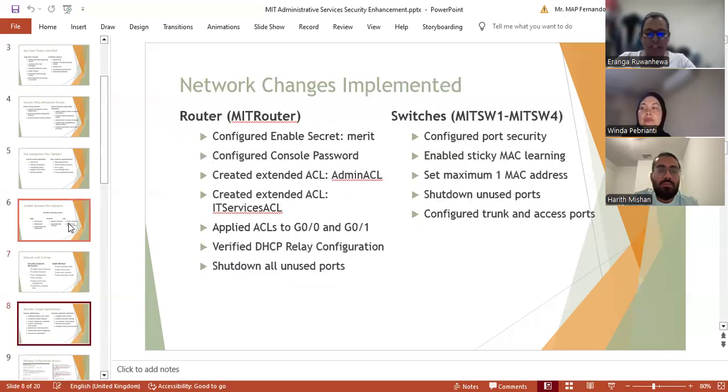Based on these findings, we then moved on to the network changes implemented. After reviewing the network, several security improvements were introduced to strengthen protection and reduce risk. The main purpose of these changes was to make the network safer, improve security practices, and provide better protection for important organizational information. These improvements also help create a more secure environment for both staff and students who use the network and its services.